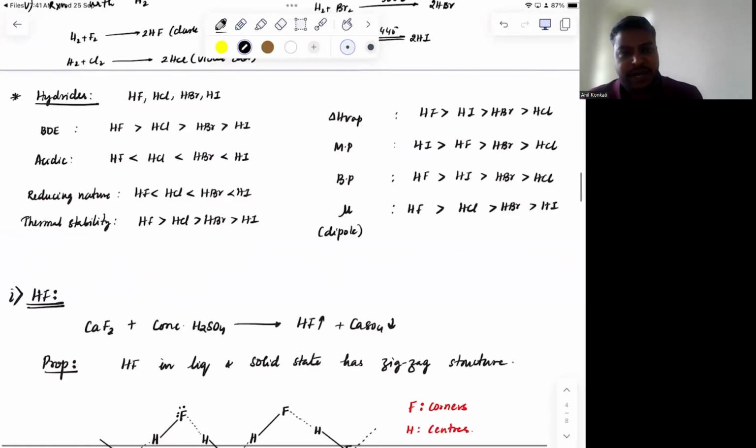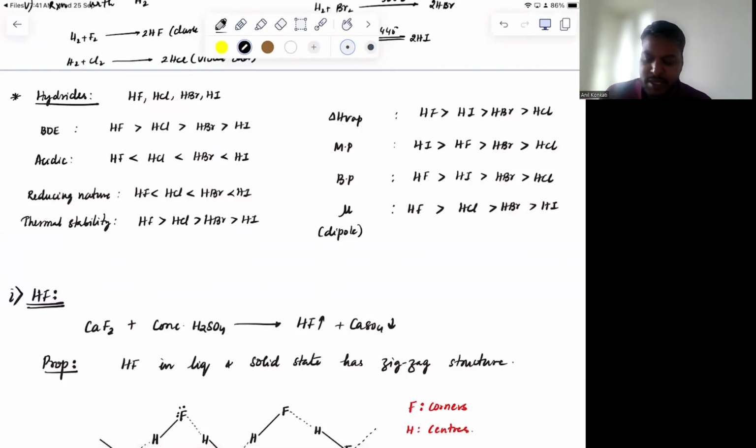Now, coming to the hydrides, how are the hydrides formed here? When it comes to hydrides, HF, HCl, HBr, and HI are present. Bond dissociation energy wise, we'll have HF greater than HCl, HBr, and HI. Acidic nature wise, down the group acidic nature increases, reducing nature increases, thermal stability decreases.